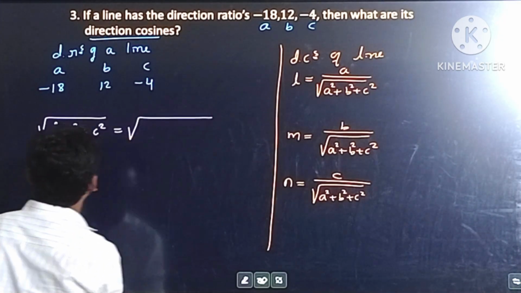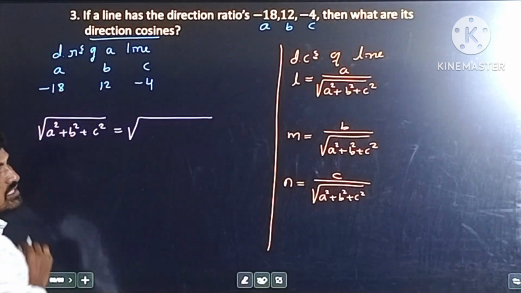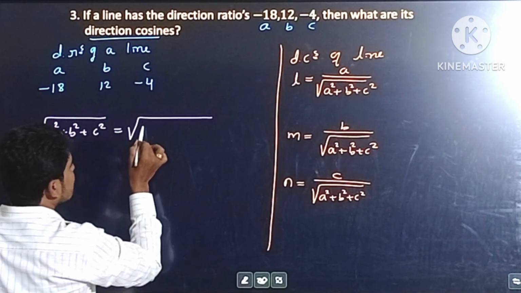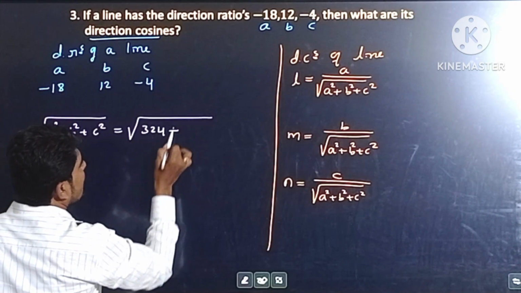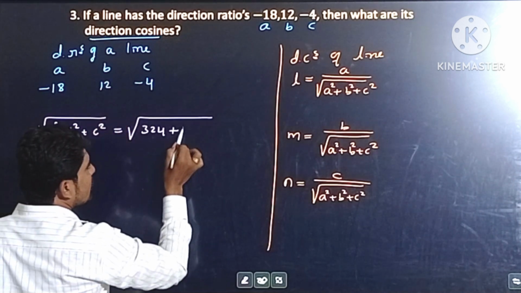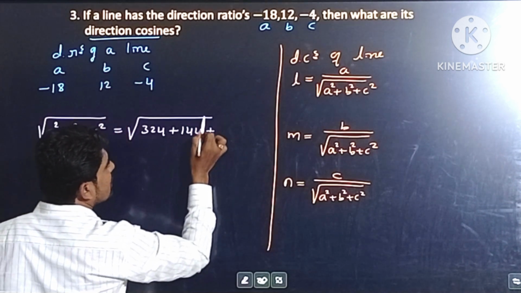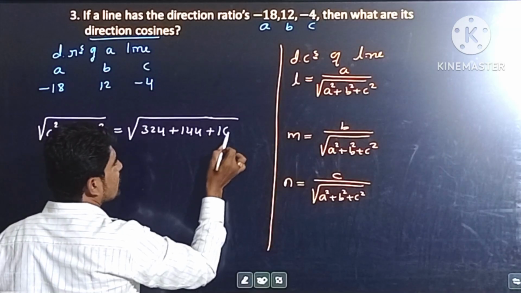Which is equal to square root of, see here, A square means minus 18 square, and minus 18 square is 324, plus 12 square, which is 144, plus minus 4 square, which is 16.